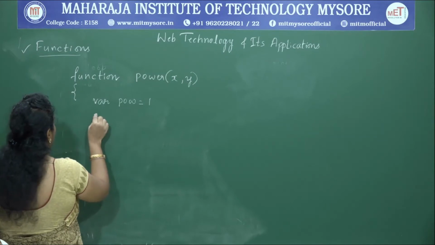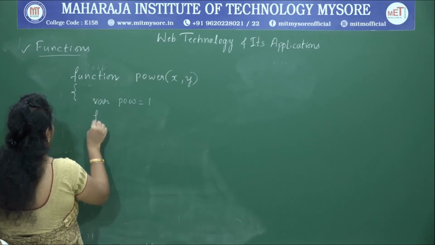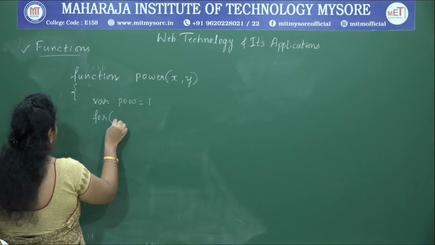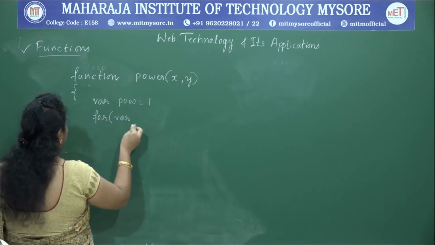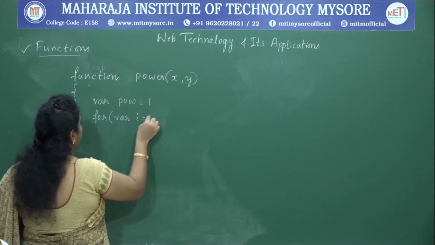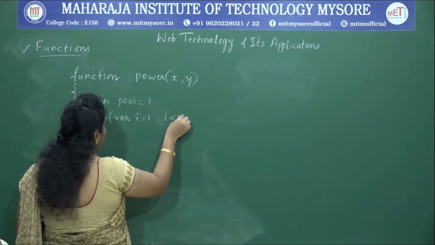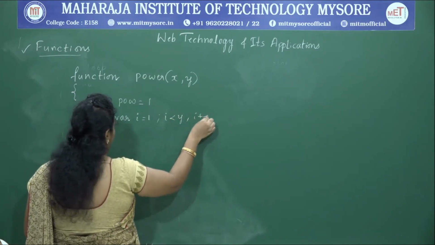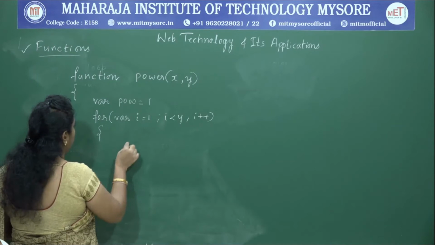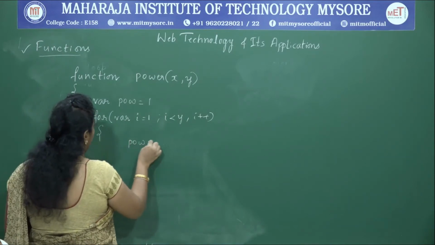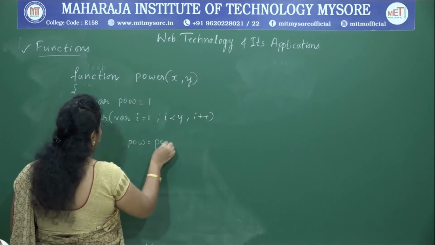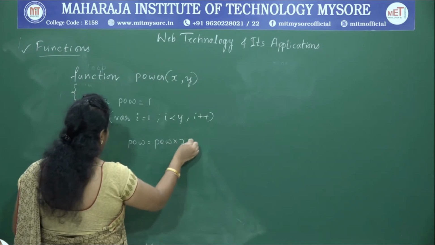Next, I am using a for loop where i is 1, i less than y, i plus plus. So power equals power into x.